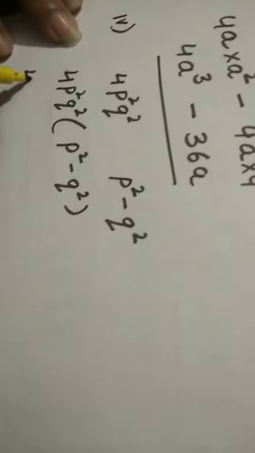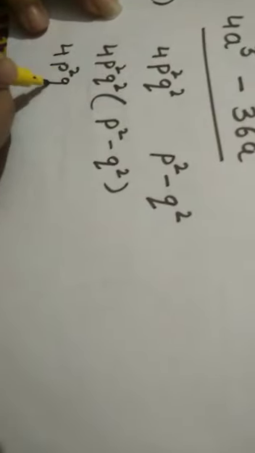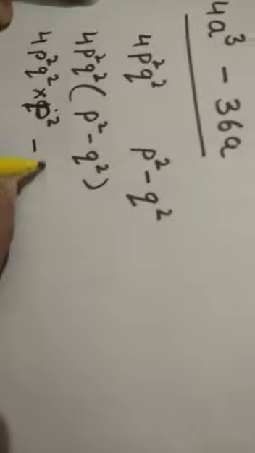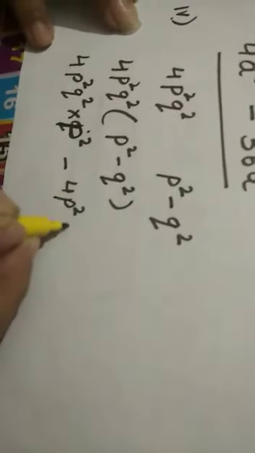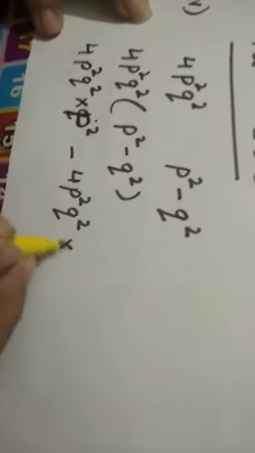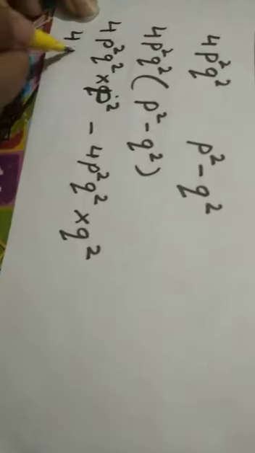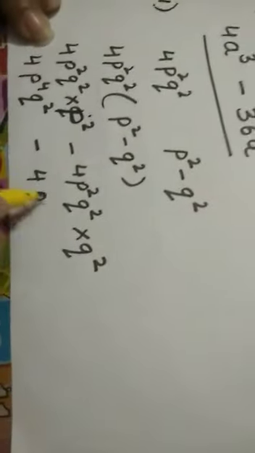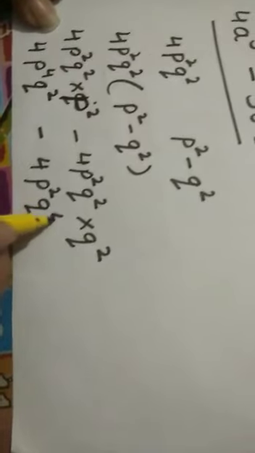So same way 4p square q square multiplied by p square, minus 4p square q square will be multiplied by q square. So this will be 4p raised to the power 4 q square minus 4p square q raised to the power 4.